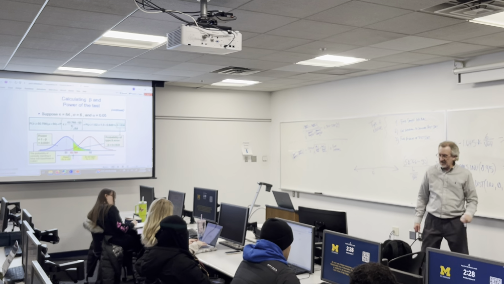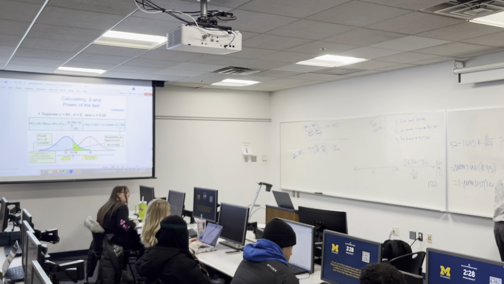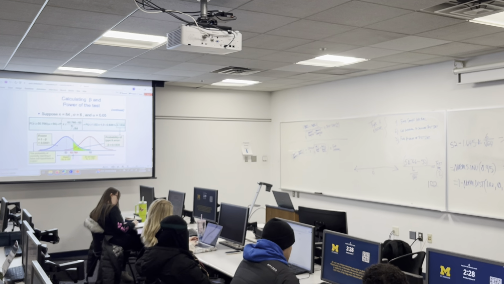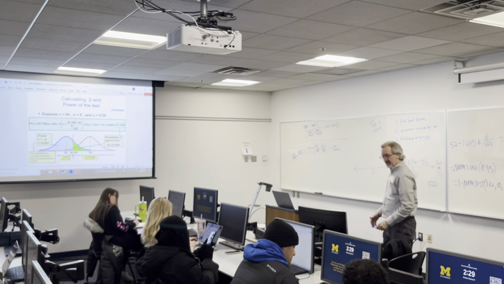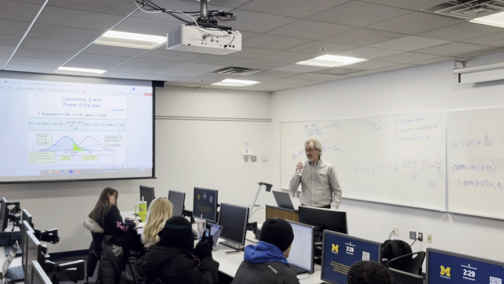This ends up equaling, there it is, 0.1539. That is the probability of a type 2 error. Right there. The p-value of the other bell curve is the probability of a type 2 error. That's a long road to get to that.